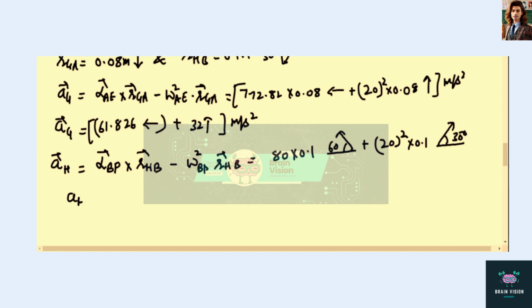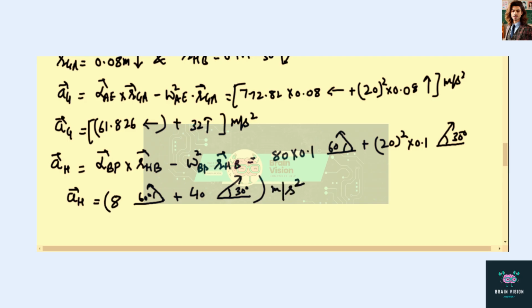So acceleration of H we will get 8 meter per second square above the horizontal line by 60 degree plus 40 above the horizontal line by 30 degree.